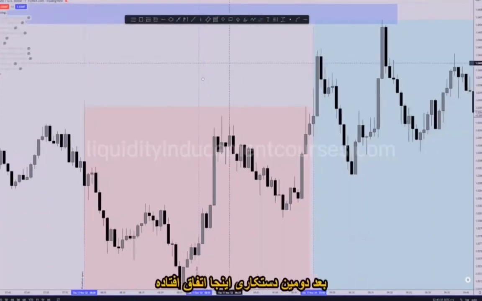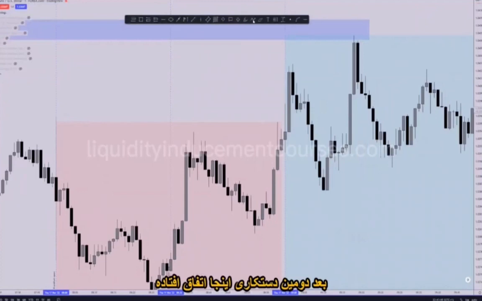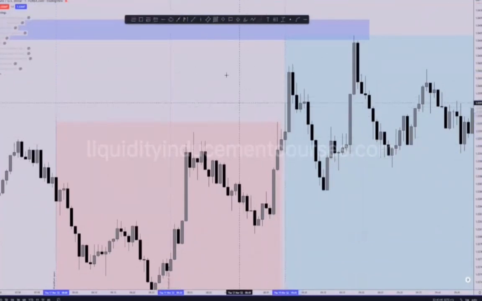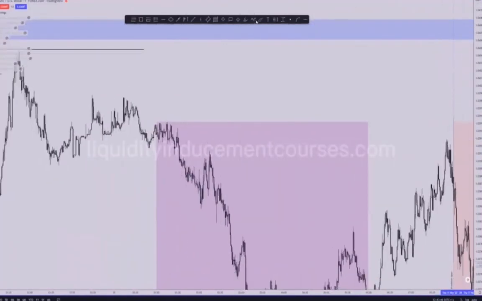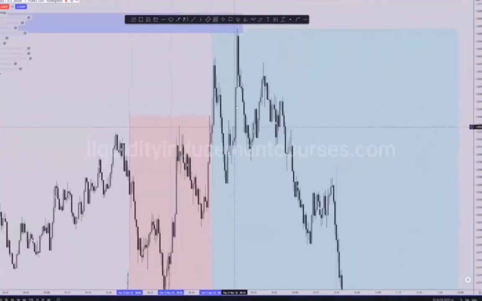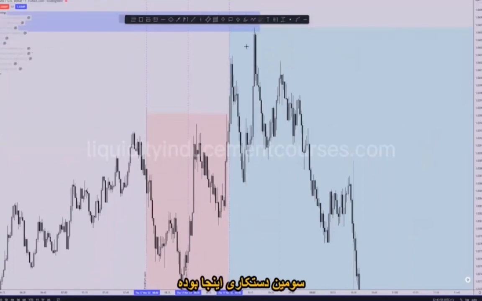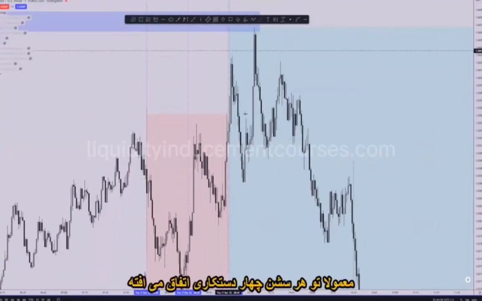And then the second manipulation would be here, right? This move up. And it took out Asian high, this equal high. And maybe even this, let's say. Okay. The third manipulation was here. So it's usually up to 4 manipulations per session.